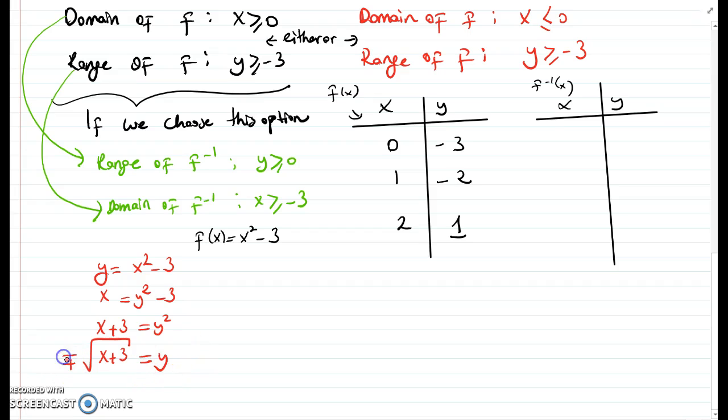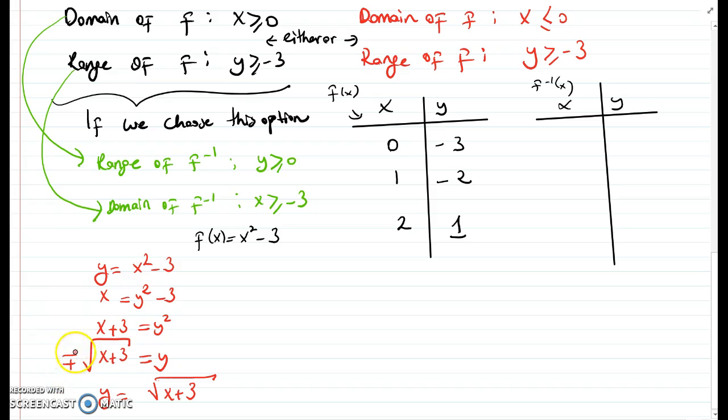That will be plus or minus. Then we are going to write down y equals plus or minus square root of x plus 3. And which one do I need to get? That's what I need to decide.